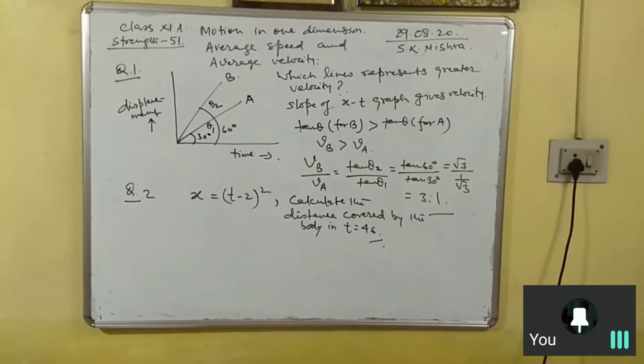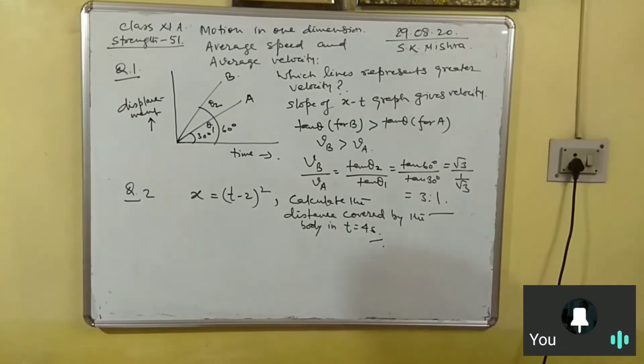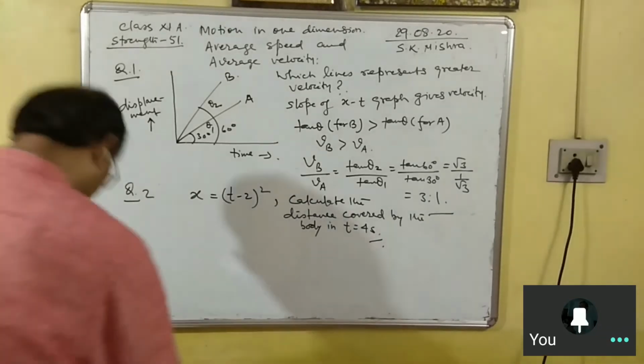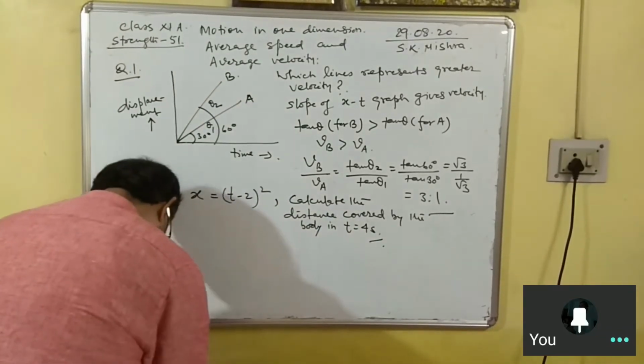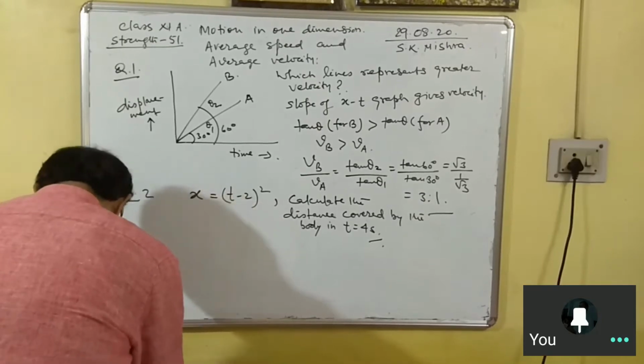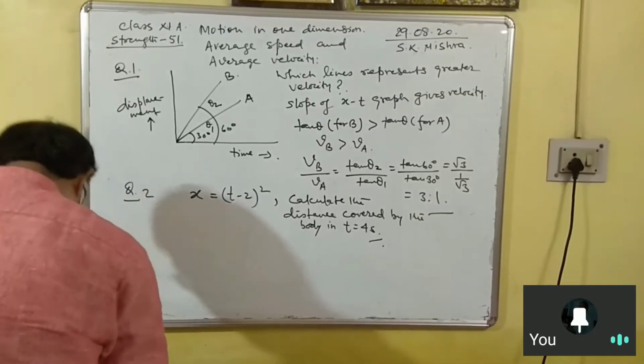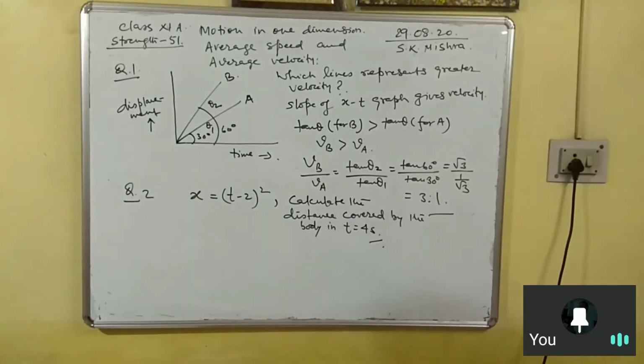Displacement x is equal to (t minus 2) whole square. Calculate the distance covered by the body in t is equal to 4 seconds. This is the question. How much meter? Distance covered by the particle in 4 seconds.